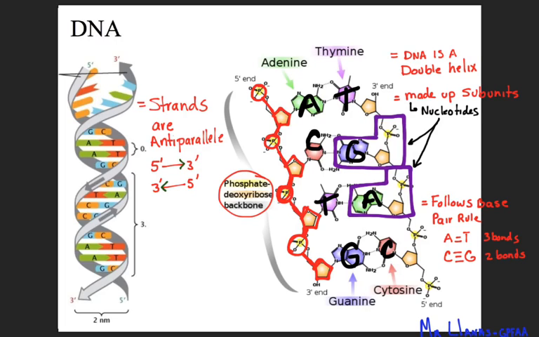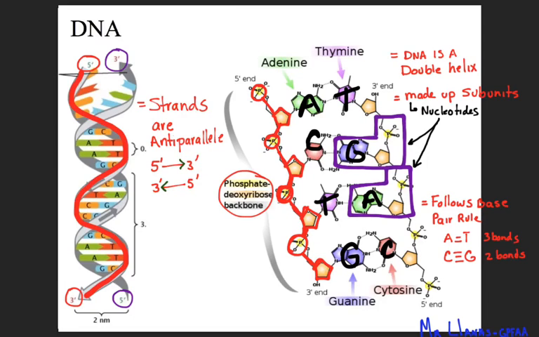They're parallel, but pointing in opposite directions. The 5 and the 3 only tell us the number of the carbon that the phosphate is attached to on the sugar. We won't go into much detail on that, but just know that DNA always grows from the 5' to the 3' end of the strands.